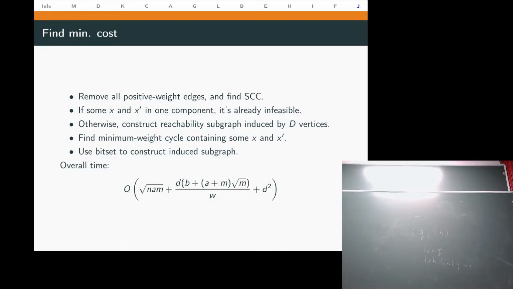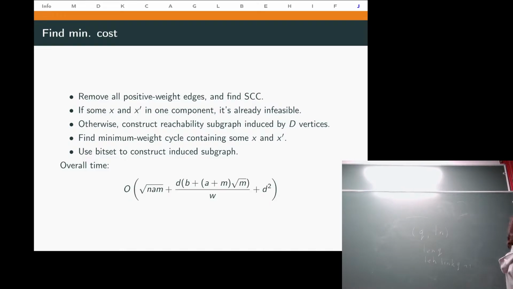We can do this with a bitset if we just maintain for every vertex in the implication graph the bitset of D-type vertices that are reachable from this vertex in the implication graph. And after that, if we look at the values at the type D vertices, we will be able to use them to construct the induced subgraph. After that, we will just need to find a minimum weight cycle that contains some variable of type D and also its negation.